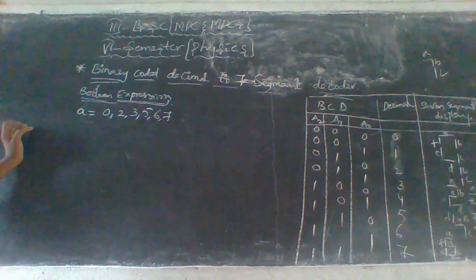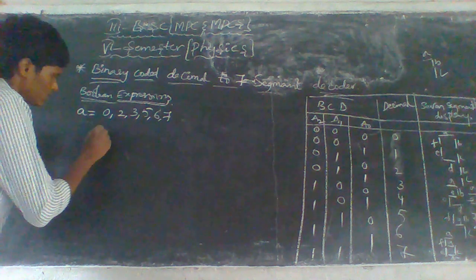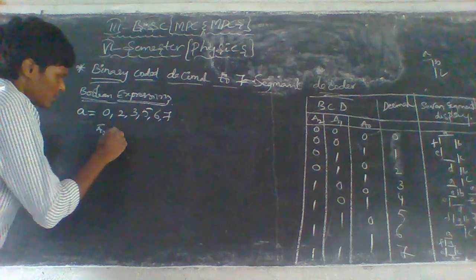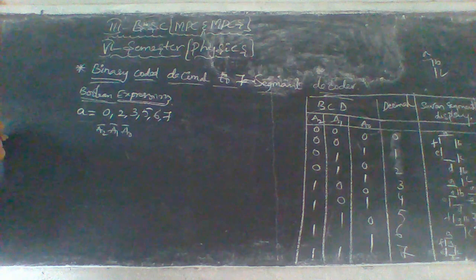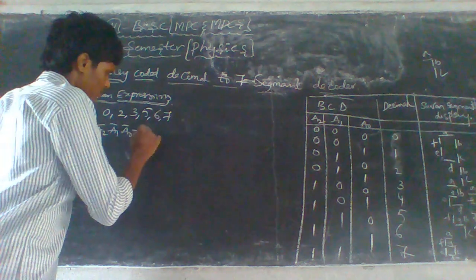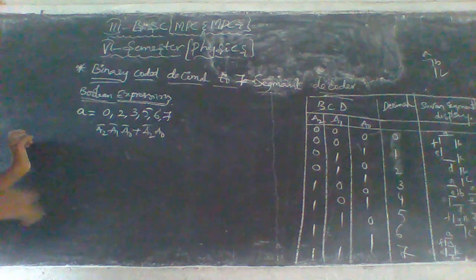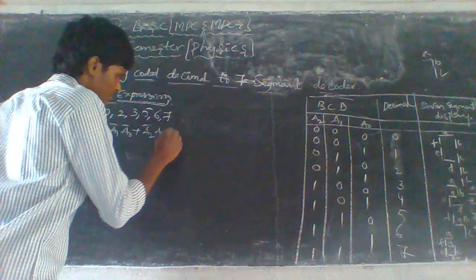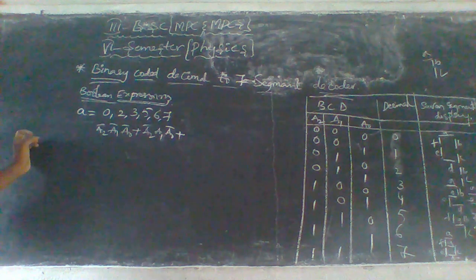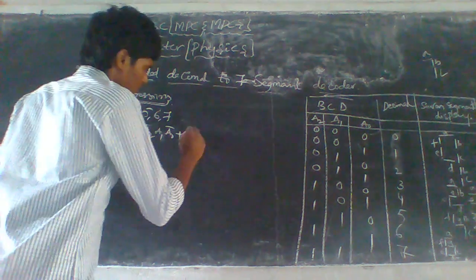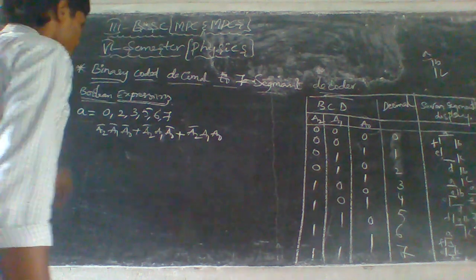So here the Boolean expression of A is equal to A2 bar A1 bar A0 bar, next A2 bar A1 A0 bar plus A2 bar A1 A0.